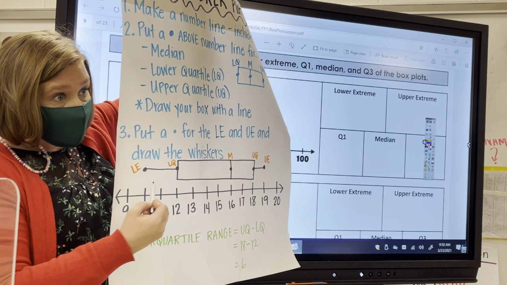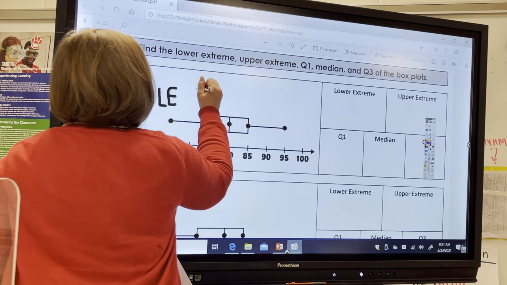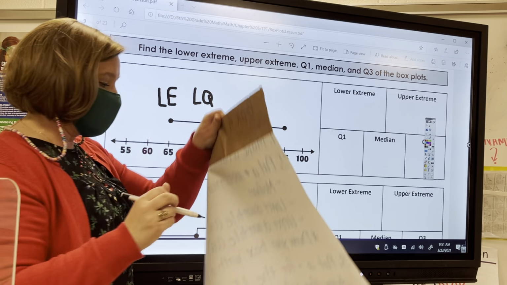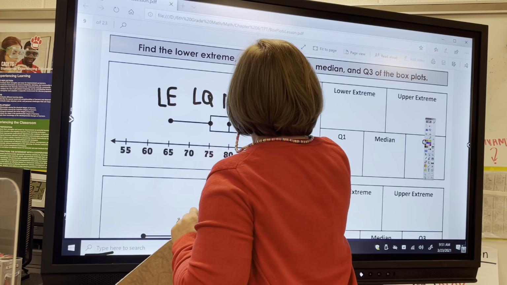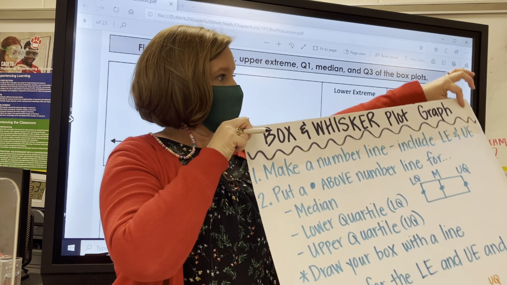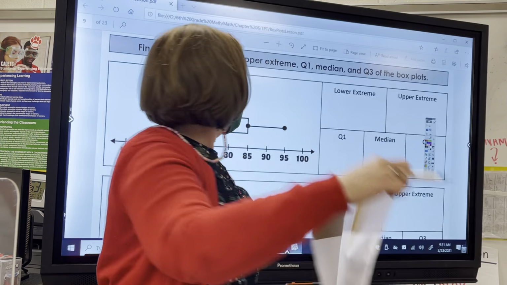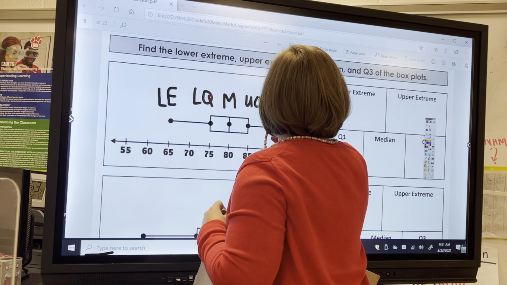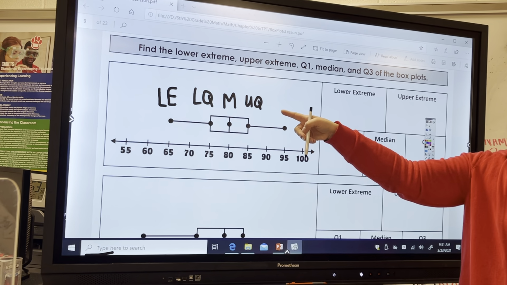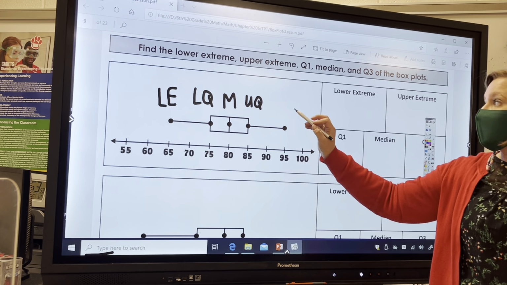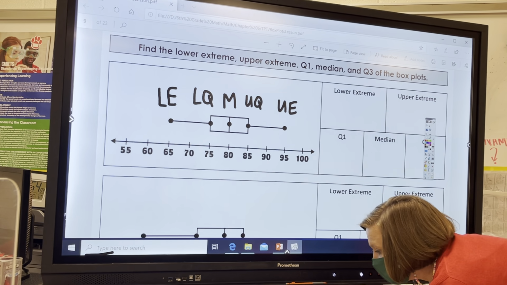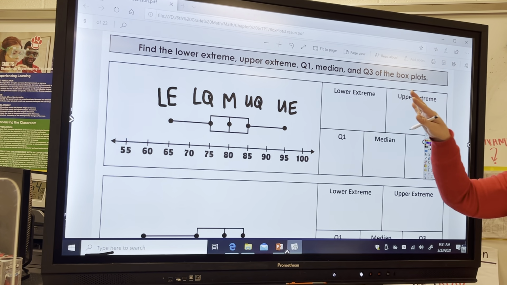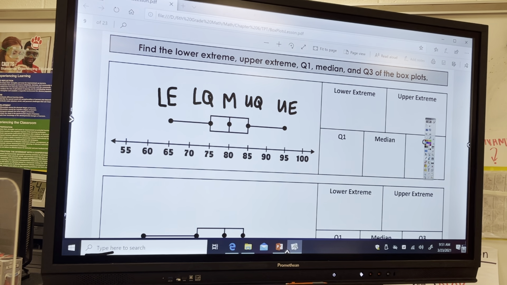Lower quartile. What dot's in the middle right here? The median. What dot's next? Upper quartile. And what's this one? The upper extreme. Okay, so every time you get a box plot that's already done for you, you should always label it, okay? That should be the first step that you do, all right?